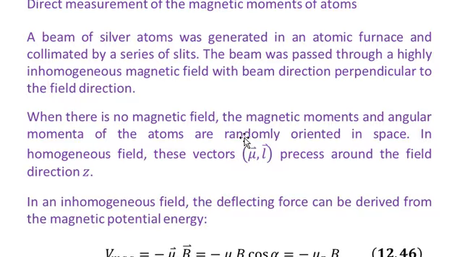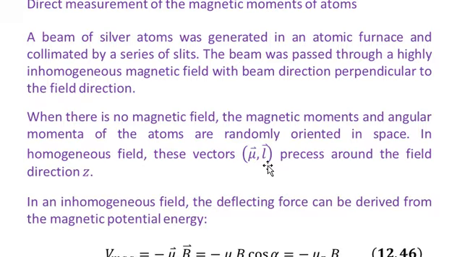When there is no magnetic field, the magnetic moments and the angular momenta of the atoms are randomly oriented in space. In a homogeneous field, these vectors, that is mu and L, precess about the magnetic field direction B. This is what we have seen earlier: if you apply a constant homogeneous magnetic field to the atoms, the magnetic moment of the atoms and their orbital angular momentum will start a precessional motion about the magnetic field.